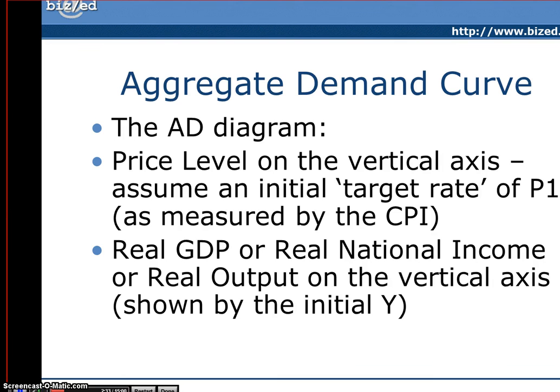Remembering it's measured by the CPI, the Consumer Price Index. So on average, what's the level of prices? And on the bottom axis is real GDP or real national income or real output. They all mean the same thing. How much stuff are we making? Okay, and we use the symbol Y for that, which stands for national income.